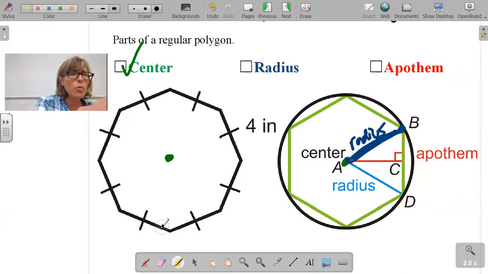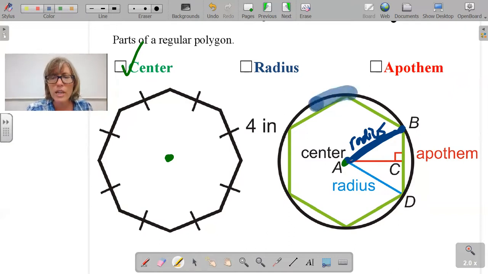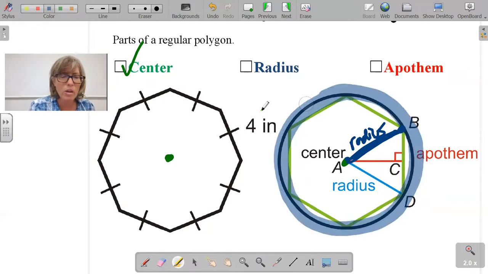And you'll understand why it's called radius. Imagine a circle circumscribed about the regular polygon, and the center of that circle is a radius, and the radius of that circle is also going to be the radius of the polygon. A radius goes from a center to corner in a regular polygon.